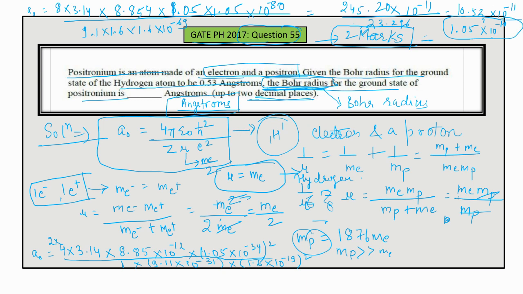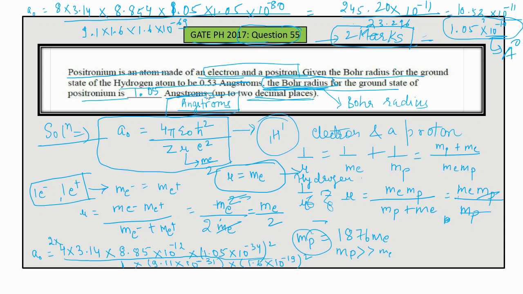And you know this 10 raised to the power minus 10 is angstrom, right? So the answer will be 1.05 angstrom. I am counting in angstrom because it is given. You have to find out the value in angstrom. Okay, I hope this question is clear to everyone.